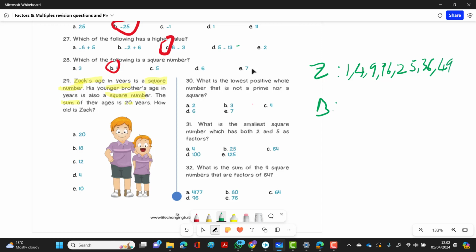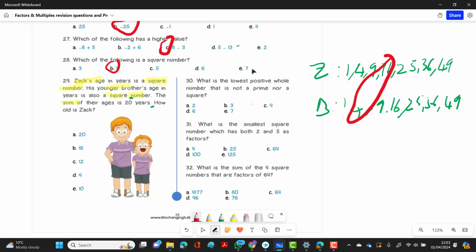Okay, that should be enough. It won't be bigger than that. It's for kids, so hopefully. And we've got to make them equal 20. So 1, 4, 9, 16, 25, 36. Okay, can't be more than 20. So what two numbers add up to 20? 16 and 4. So how old is Zach? Zach's got to be the older one.